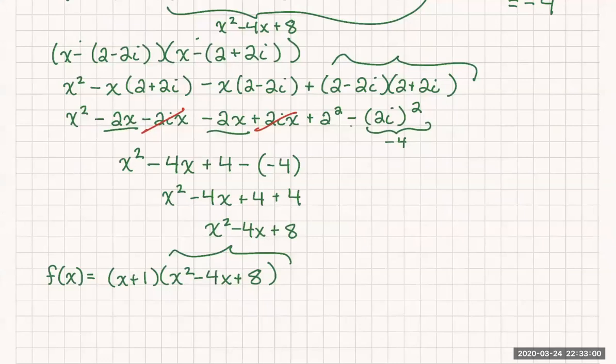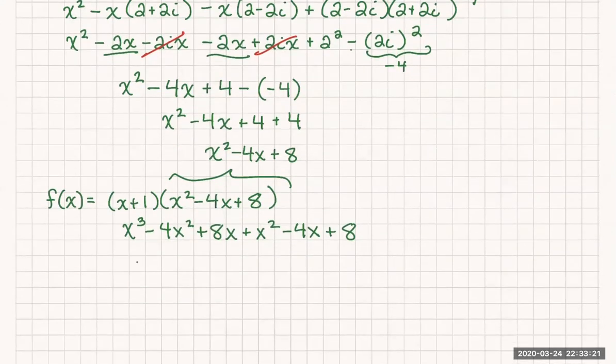So now we distribute the x first. So you get x cubed minus 4x squared plus 8x. Then we distribute the 1. So we get plus x squared minus 4x plus 8.